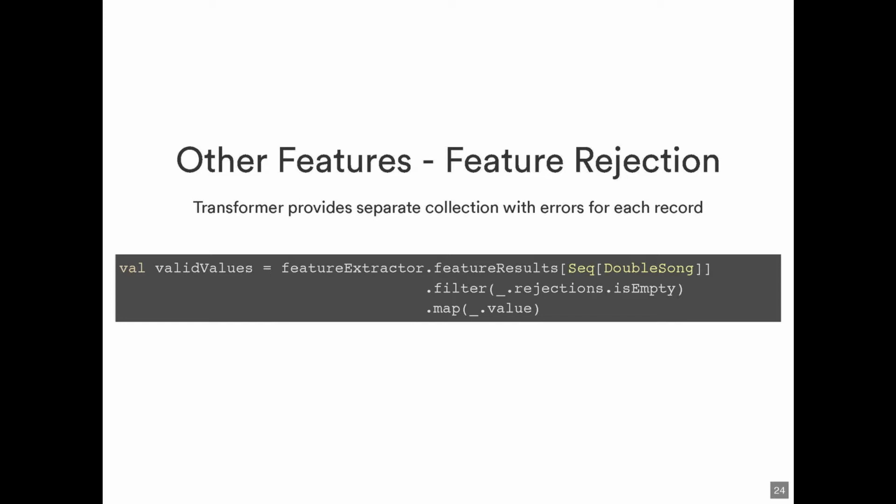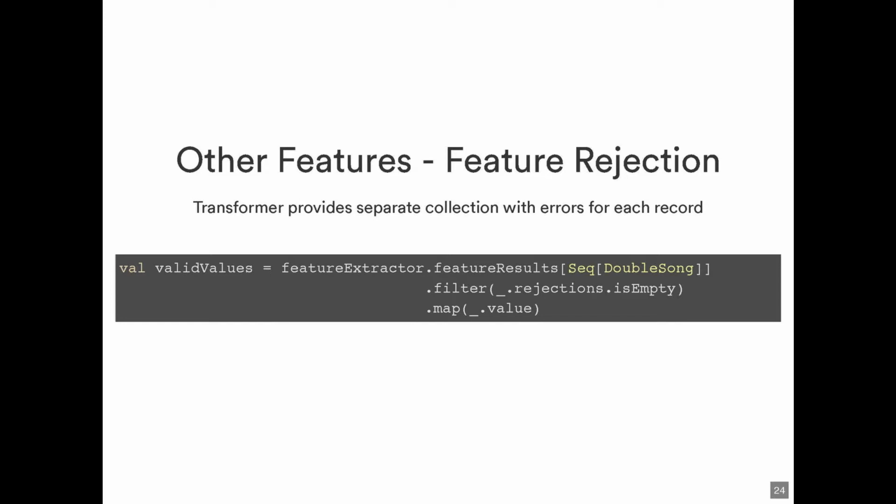There are also a few more I can talk about. One of them is built in. It's called feature rejection. Basically, some of the transformers will catch errors.